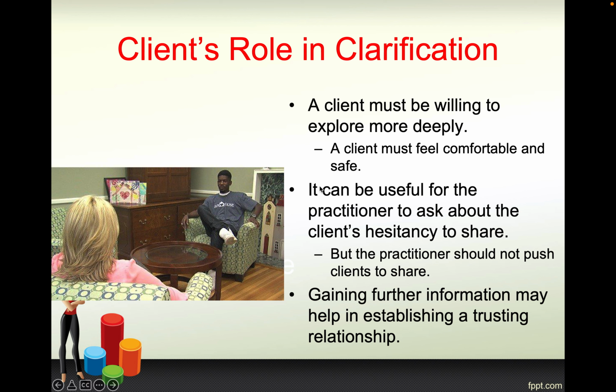Interesting picture, because as we see, this young man has his legs crossed, and she's the counselor, and he's the one that's being counseled. But as you can see, he's got his legs crossed. And you can see his hands are gripping the sides of the chair, almost fervently.